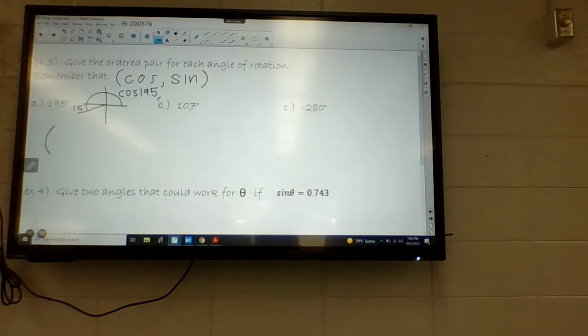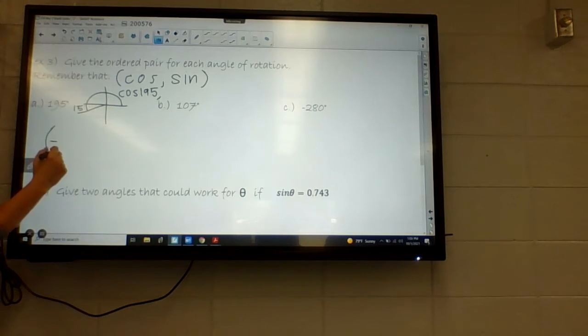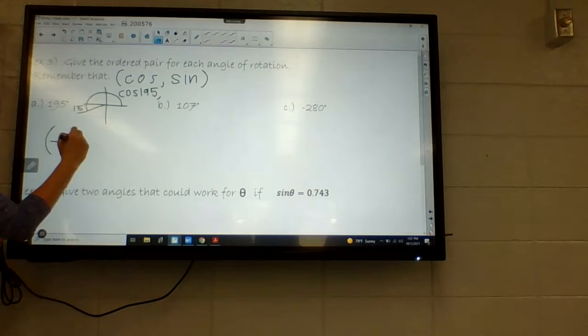Now, you should get an answer something like negative 0.9, sorry, yeah, negative. So it's almost negative 1, right? So let's go 0.97.